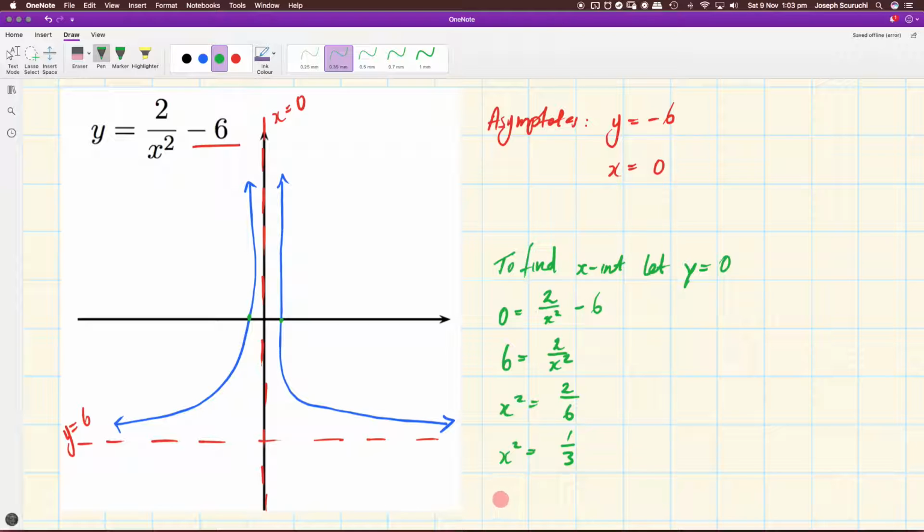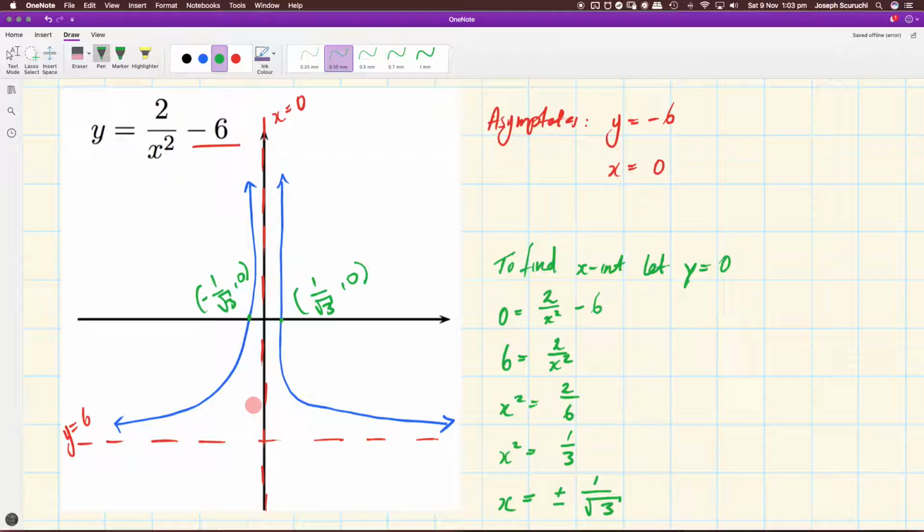So I'm going to be left with x equals plus or minus 1 over the square root of 3. That makes sense that I have a plus and a minus because I have two intercepts, one on the positive side and one on the negative side. So this is going to be (1 over the square root of 3, 0), and this will be (negative 1 over the square root of 3, 0). Perfect.